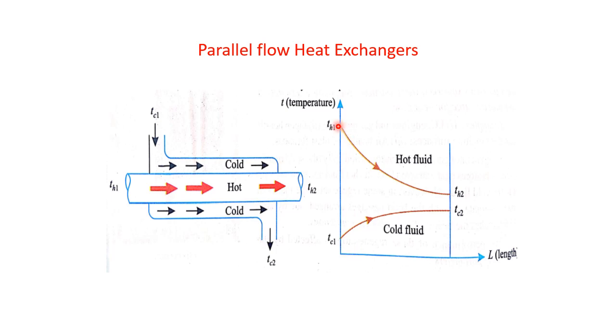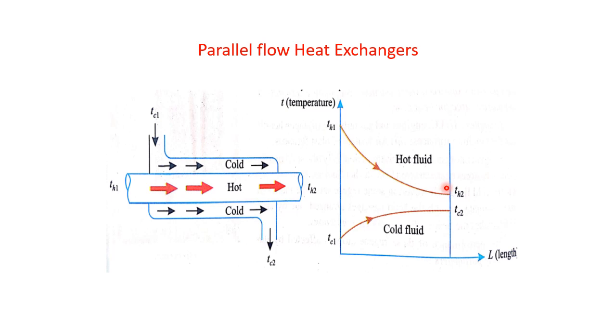When it moves along the length of the heat exchanger, this hot fluid gives up its heat to the cold fluid, where heat transfer takes place across the walls of the inner tube from the hot fluid to the cold fluid. When the heat is transferred from the hot fluid to the cold fluid, its temperature goes on decreasing. For that purpose, the graph is shown in the decreasing side. The temperature goes on decreasing when the hot fluid moves along the length of the heat exchanger.